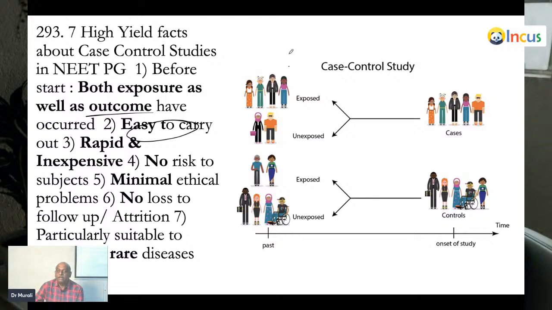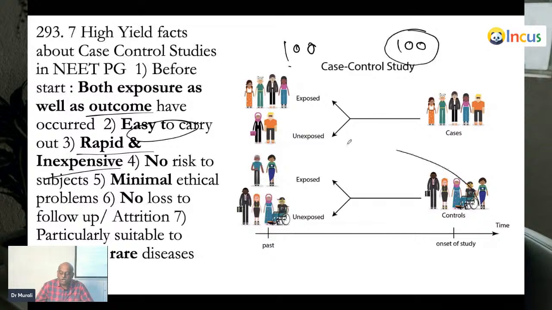You will call 100 cases, 100 people who don't have the disease under study. Calling 100 people is very easy. SMS, WhatsApp, people will come. Rapid and inexpensive. And here you are retrospectively studying their past. So no risk. Whereas in cohort study, there is a risk.